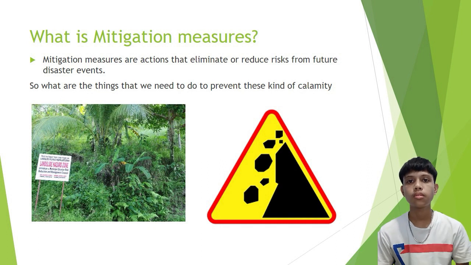We can also use public information to inform people that this place is a landslide hazard zone. We can also put up warning signages in areas where a landslide is likely to happen.